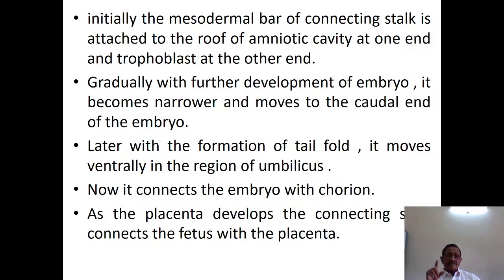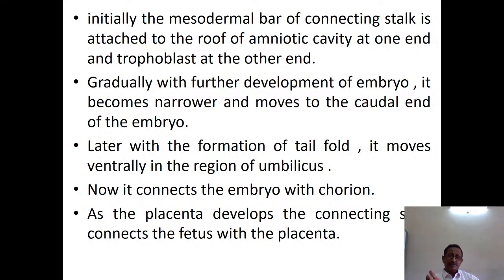That mesodermal bar, the connecting stalk, is attached to the roof of the amniotic cavity at one end and the trophoblast at the other end, as I have just shown. Gradually, with further development of the embryo, it becomes narrower and moves to the caudal end of the embryo. As the amniotic cavity develops, it moves to the caudal end. And with the tail fold coming, it moves ventrally to the region of the umbilicus.